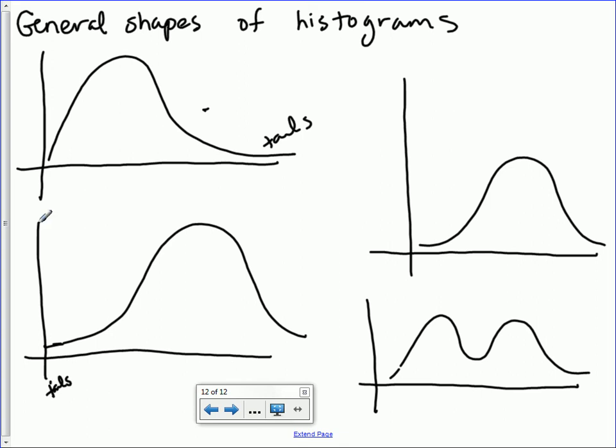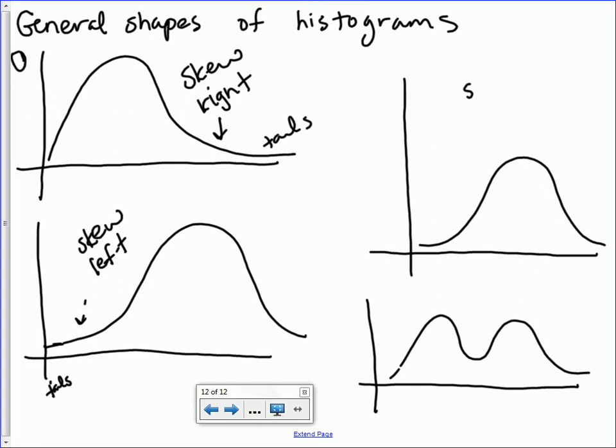This kind of shape, this first one, number 1 here, is what we call skew right. It is opposite of what you think. It's because the tail is on the right. This is skew left, again because the tail is on the left.